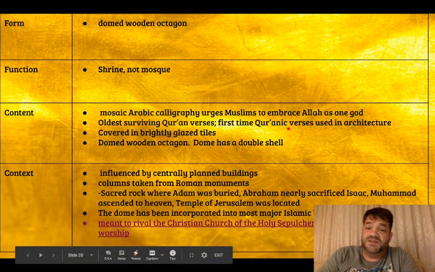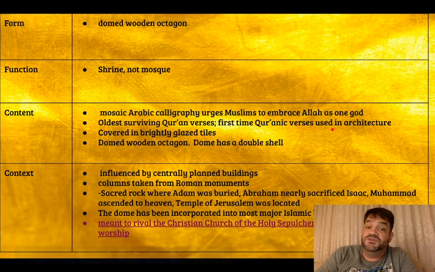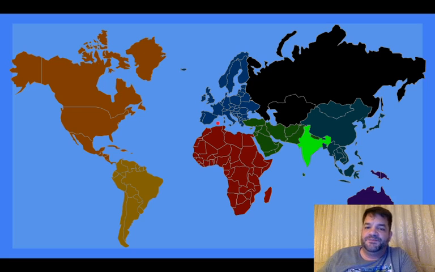Again, we've got the first time Quranic verses are used in architecture, and that is significant. So please go ahead and give that a highlight in your notes. Okay, we've got the oldest surviving written Quranic verses. Very, very interesting fact.